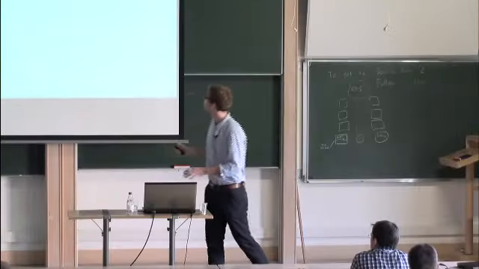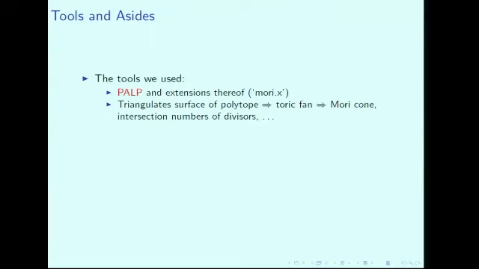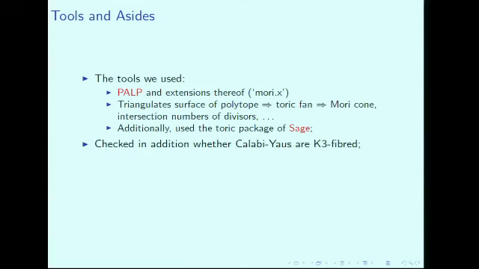So what are the tools that we used in this search? PALP for analyzing the lattice polytope, its extension MORI for triangulating the lattice polytopes, and from this obtaining the fans, the Mori cone, and the intersection numbers of the divisors. And for further analysis we also used Sage, and unfortunately PALP couldn't triangulate all the h^{1,1} equals 5 cases, so for triangulational reasons we also had to use Sage.